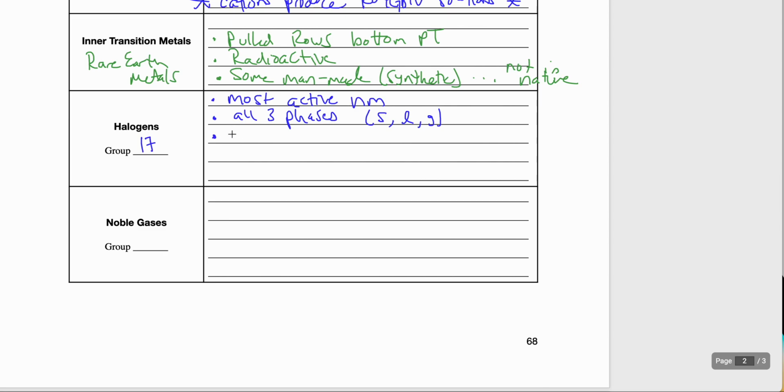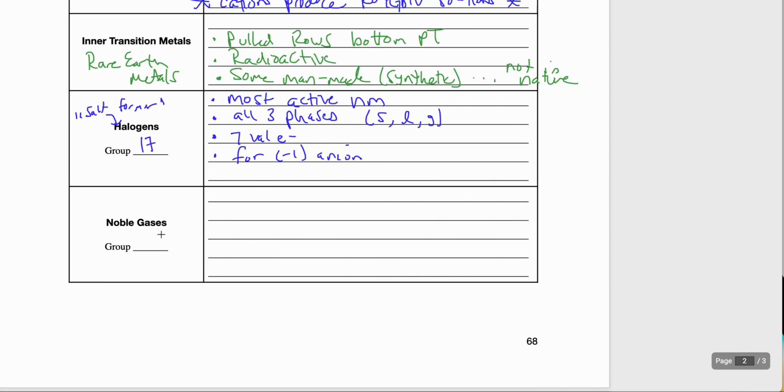Halogens, they have 7 valence electrons, and they tend to form or favor forming the -1 anion. And halogen is a term that means salt former or maker. So its anion is the most common type of negative charge in a salt.